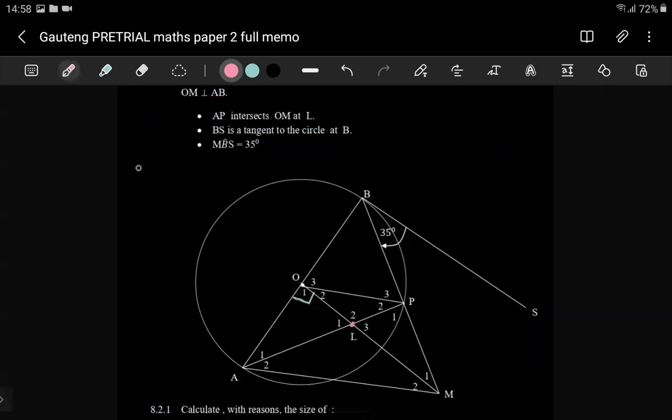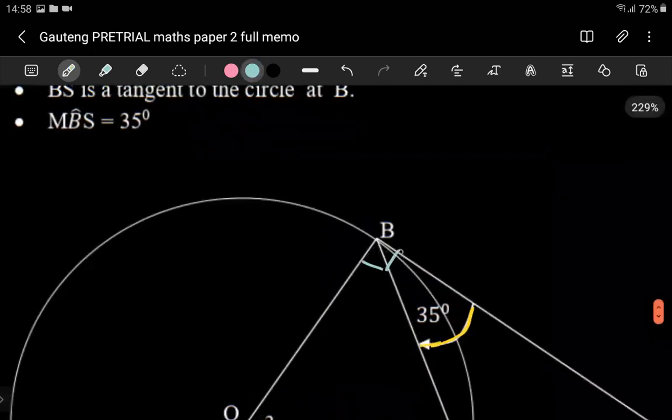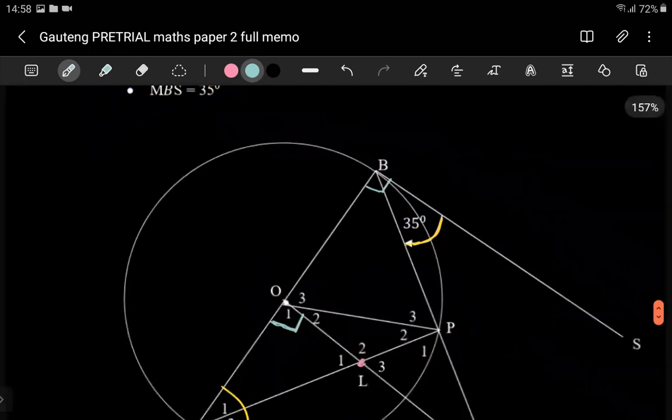And then it says the following. BS is a tangent, B going all the way to S. This is a tangent, right? So if this is 35, it means that this angle here is also equal to 35 because of the Tangent-Chord theorem. Now, the other idea is this is a radius, right? And this is a tangent. So it means that this is automatically equal to 90 degrees.